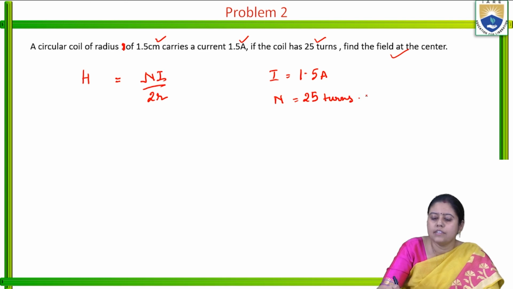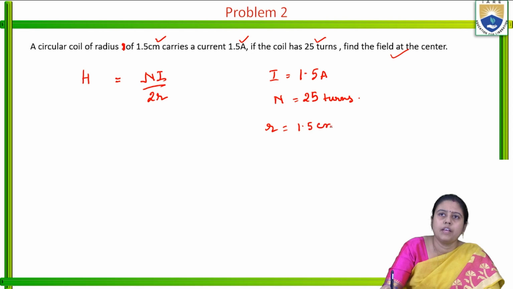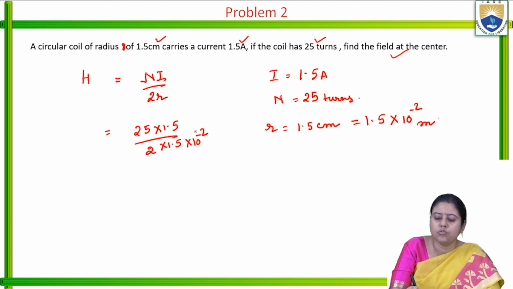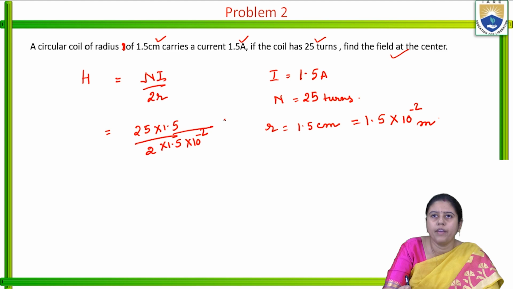And what is the value of r? R is given as 1.5 centimeter, which can be written as 1.5 into 10 to the power minus 2 meter. So what is H? H is equal to 25 into 1.5 by 2 into 1.5 into 10 to the power minus 2. What is the unit of H?